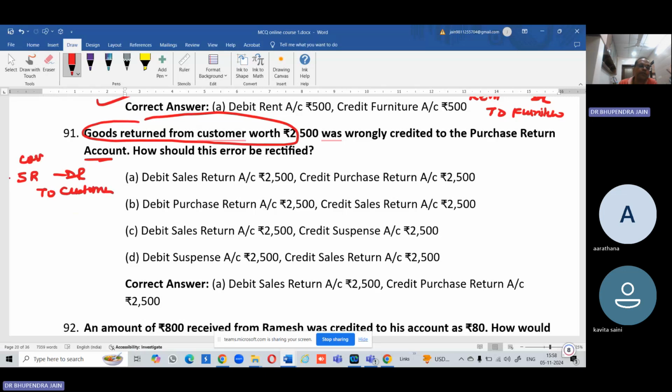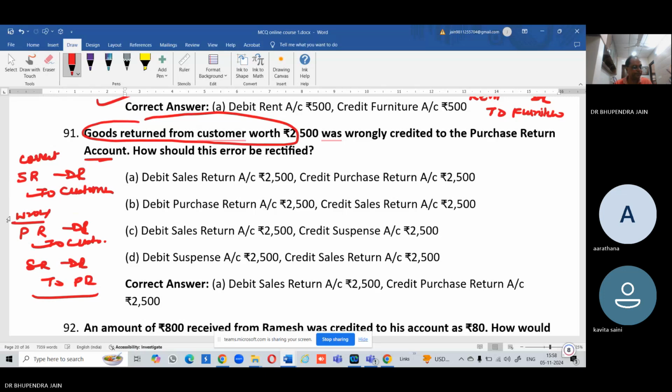This should be the correct entry. By default, we recorded purchase return account debit to customer. So customer is correct. Write down the correct entry: sales return account debit, and reverse the wrong entry to purchase return. We have already discussed this at the time of this chapter.